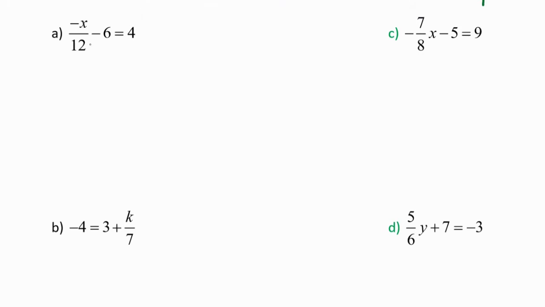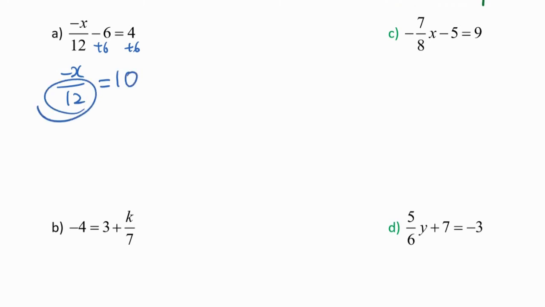Okay, again, we're doing 2 steps. We have to isolate the term with x and then isolate x. So let's isolate the term with x. So we are adding 6. Negative x over 12 equals 10.